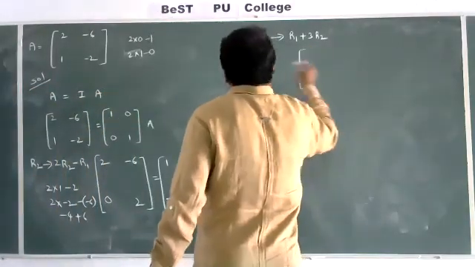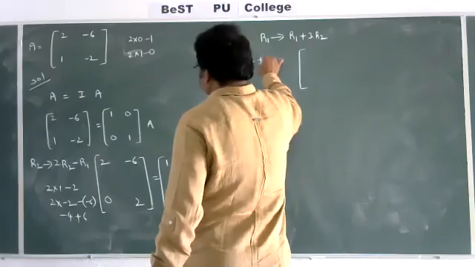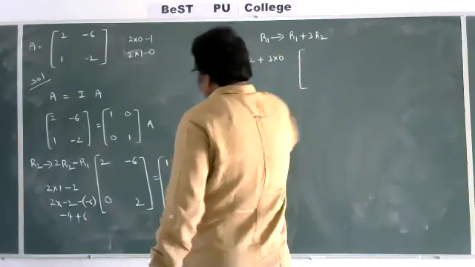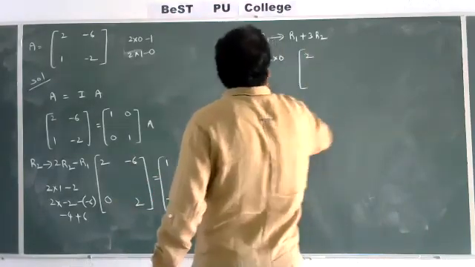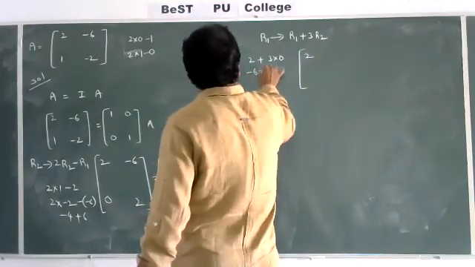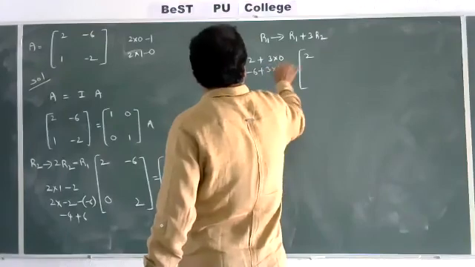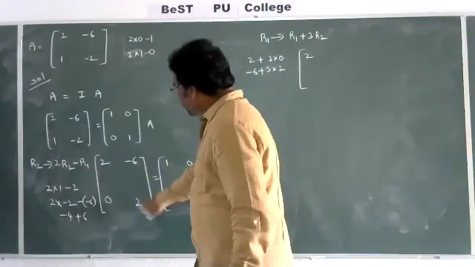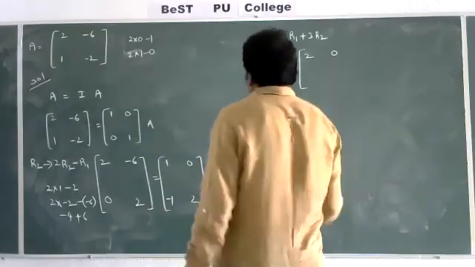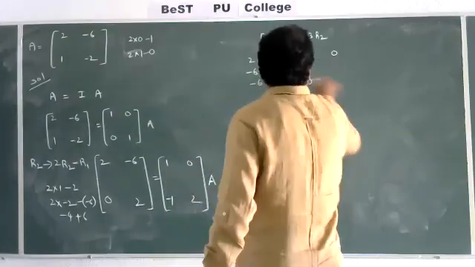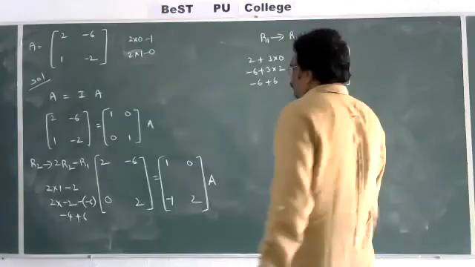That is 2 plus 3 into 0, that is 2 same. Minus 6 plus 3 into 2, minus 6 plus 6, that is 0. And it's 0, 2 same, second row.